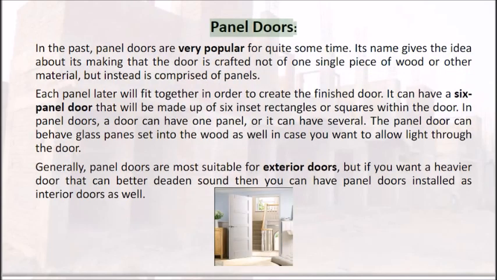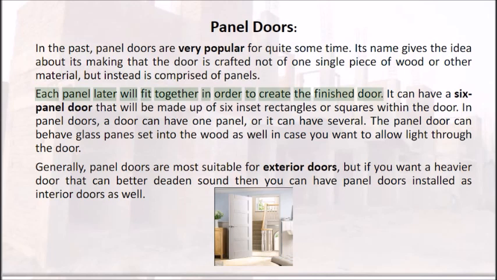Panel doors. In the past, panel doors were very popular for quite some time. Its name gives the idea about its making: the door is crafted not of one single piece of wood or other material, but instead is comprised of panels. Each panel later will fit together in order to create the finished door.